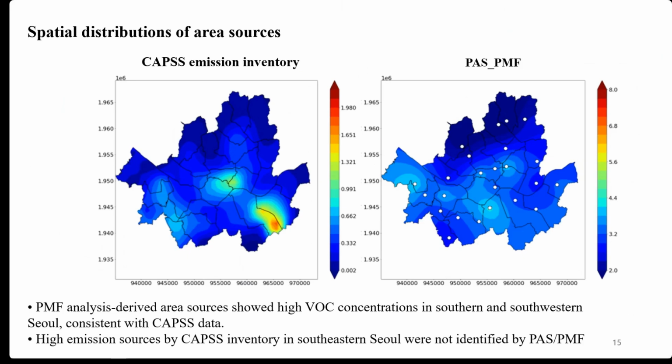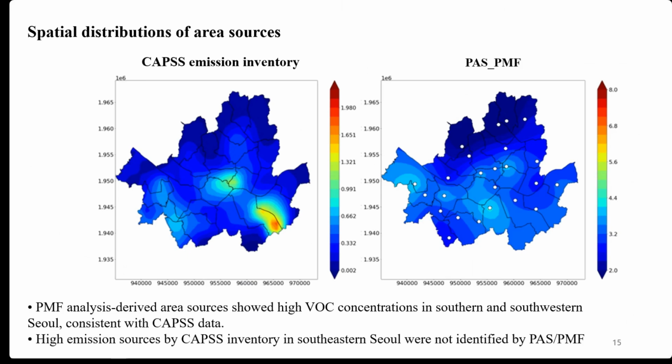Next, we performed PMF analysis using passive data and compared it with actual emission data. CAPSS is a comprehensive database platform that manages the emissions inventories of major air pollutants in Korea. The PMF analysis derived area sources showing high VOC concentration in southern and southwestern Seoul, consistent with CAPSS data.